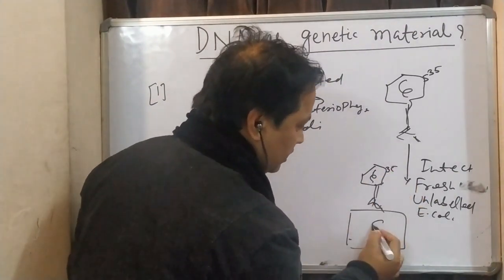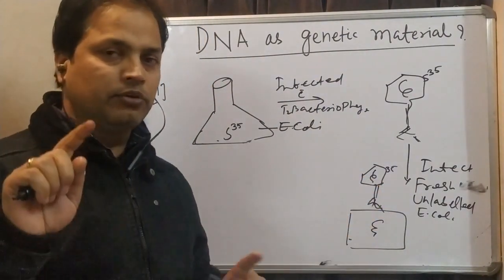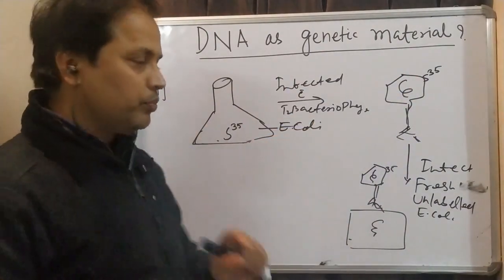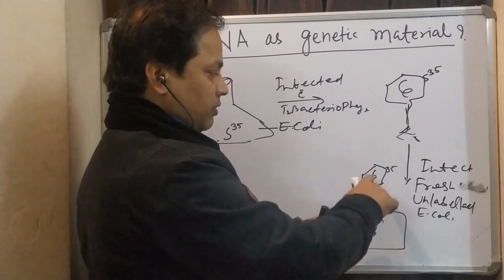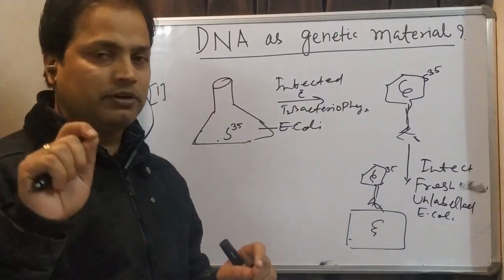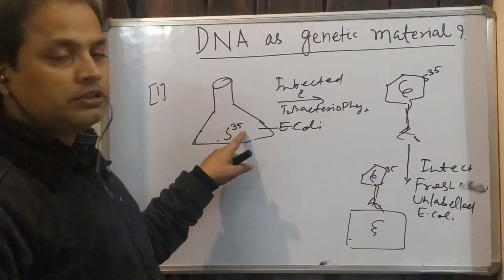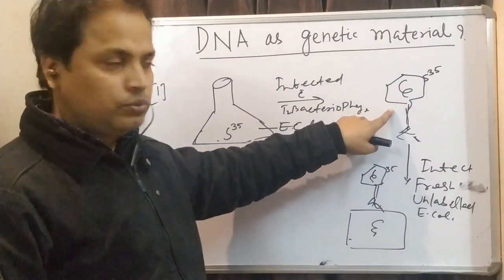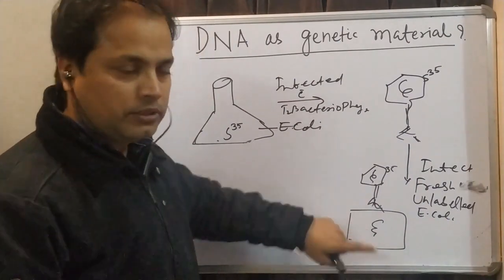So only DNA will go there. This DNA does not have any of the radioactive substances, either S35 or P32. Why? Because the capsid does not go into the bacterial cells. Only DNA goes, and DNA does not have sulfur. DNA is having phosphorus, and phosphorus is not in the media. So this bacteriophage does not have P32 because it is absent in DNA, and only DNA goes there.